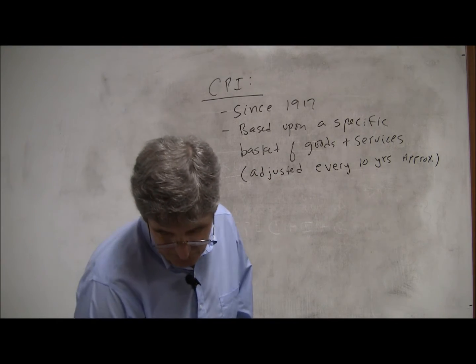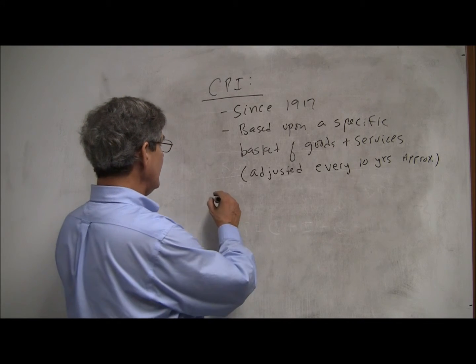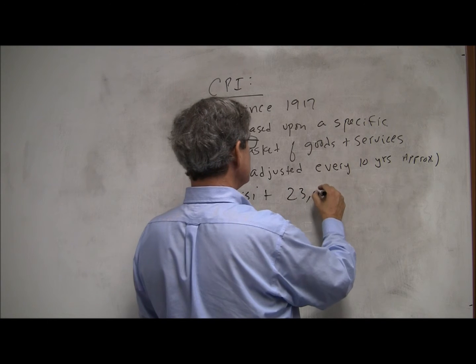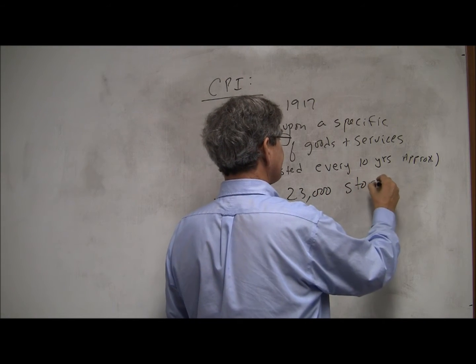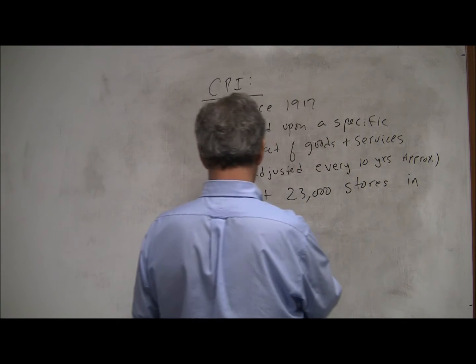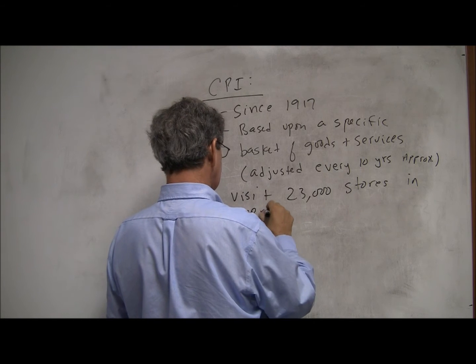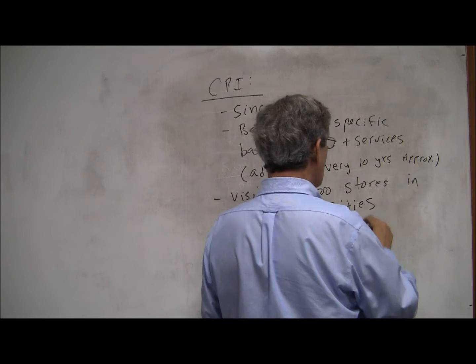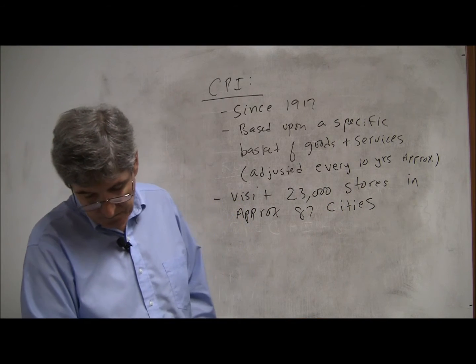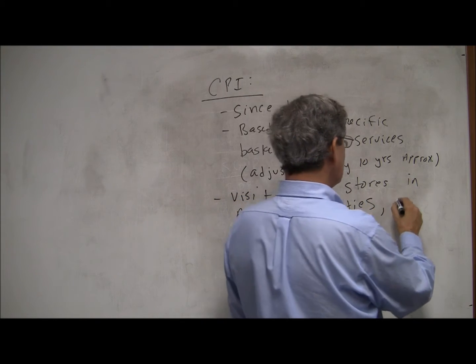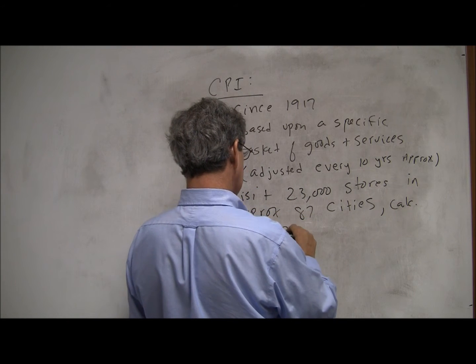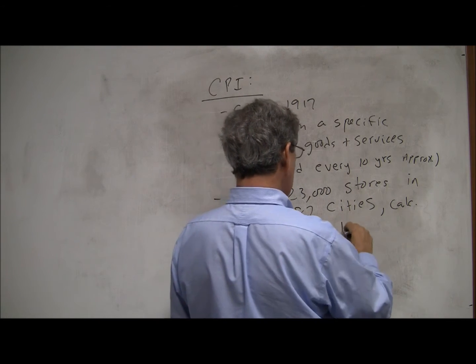They redo this. And the way they calculate it is they visit 23,000 stores in approximately 87 cities across the US. And then they calculate the average price of the basket.